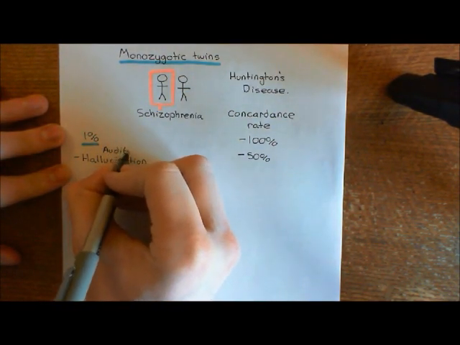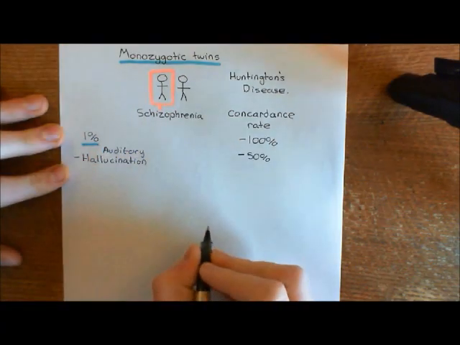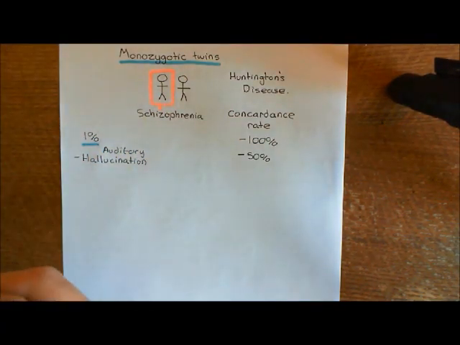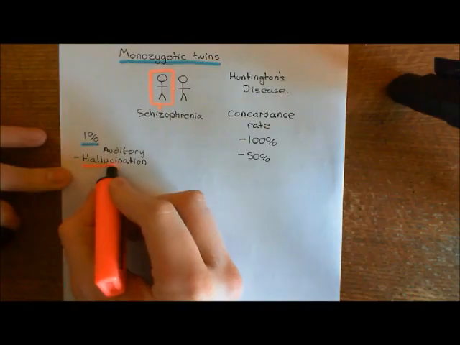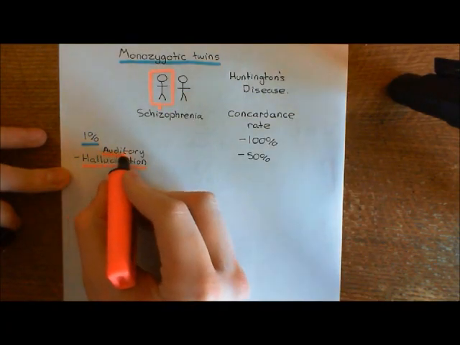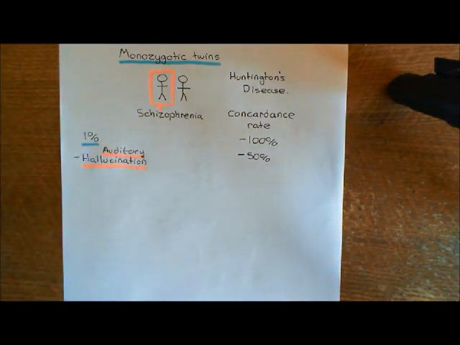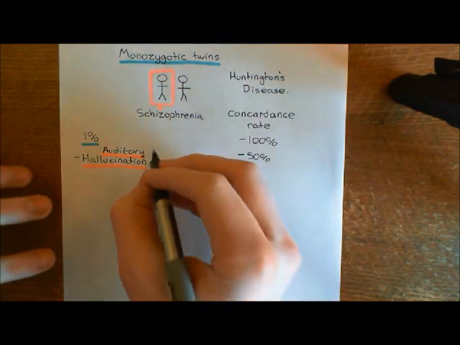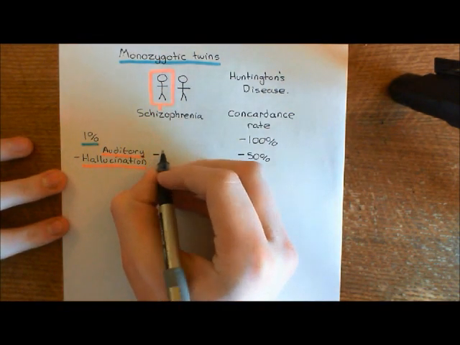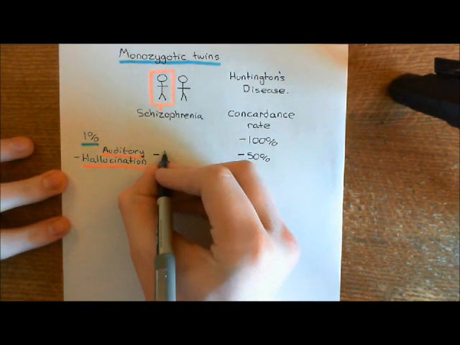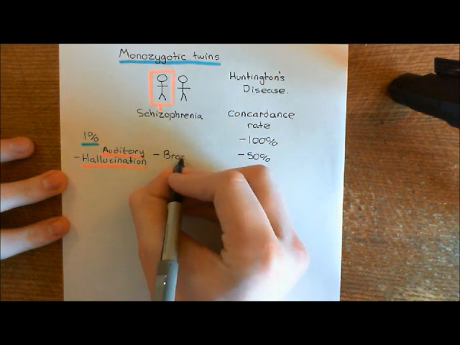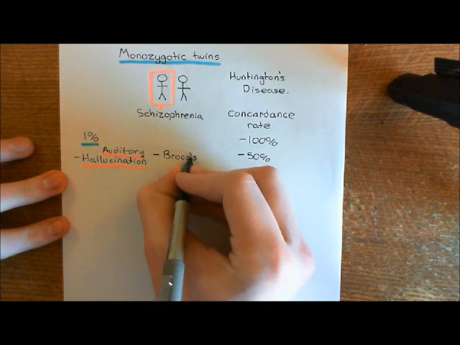Okay, so I told you that the main hallucinations in schizophrenia are auditory hallucinations. Okay, so let's see which portions of the brain are active in an auditory hallucination. Okay, so the two portions that you see light up, okay, during an auditory hallucination are Broca's area and Wernicke's area.